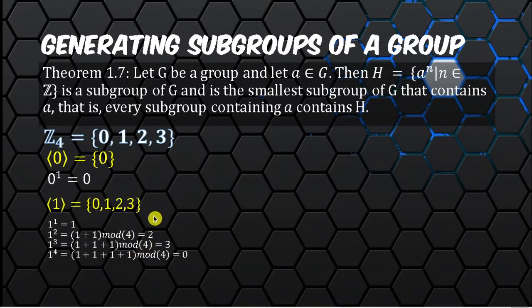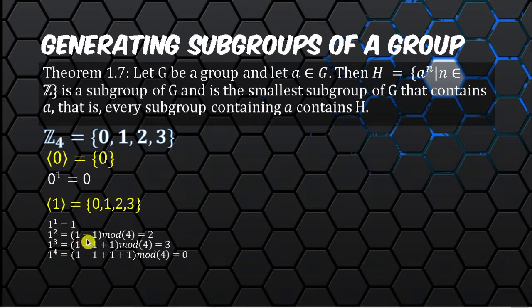How about the subgroup generated by the element 1? How do we do that? Let's start with 1 raised to 1. Well, we are under addition modulo 4, so that's simply 1. 1 squared, ano nang ibig sabihin nito ulit?